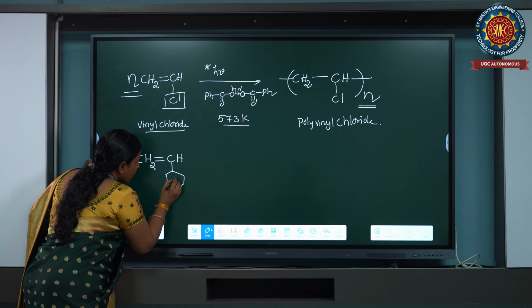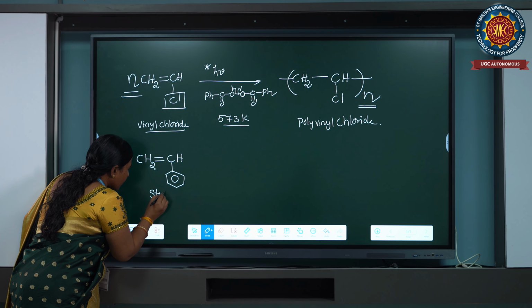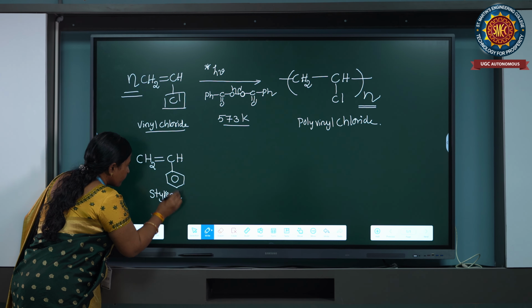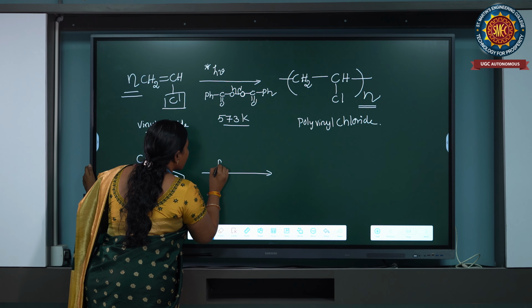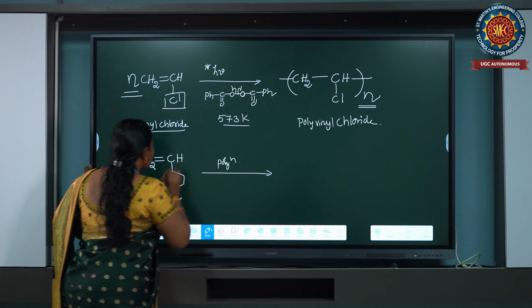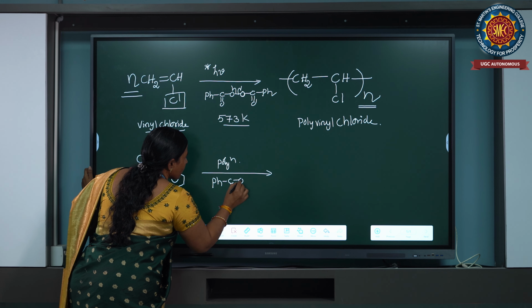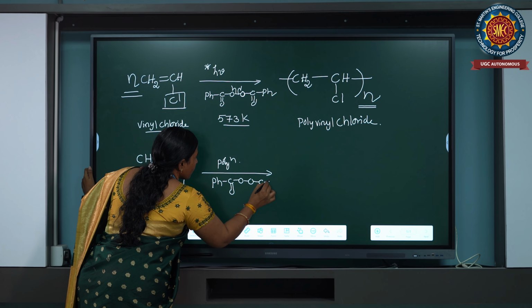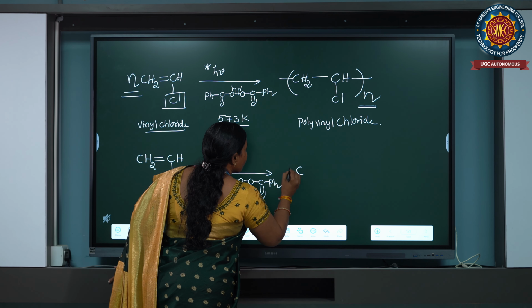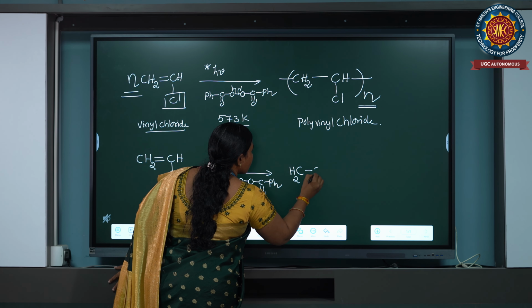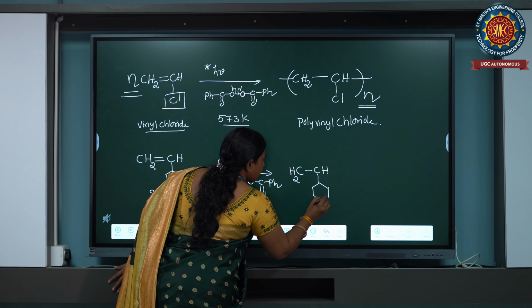This monomer is styrene. Through the polymerization process, in the presence of benzoyl peroxide, you will get polystyrene.